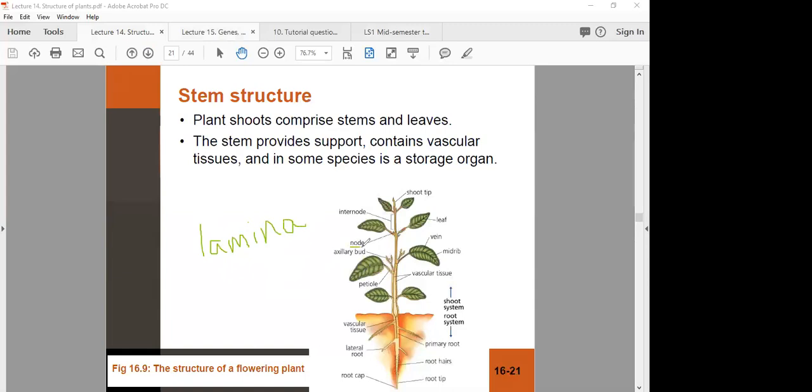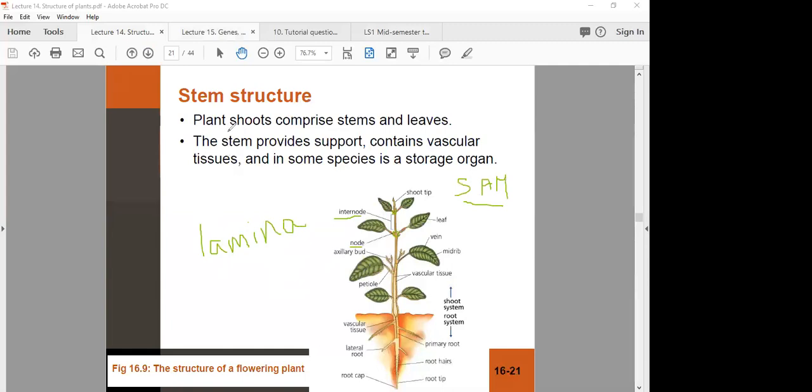That's referred to as a node. So we have a node here, got another node there, and then we've got the region of stem in between two nodes. That's referred to as the internode. And then, of course, right up here within the shoot tip, we have the shoot apical meristem, or SAM.